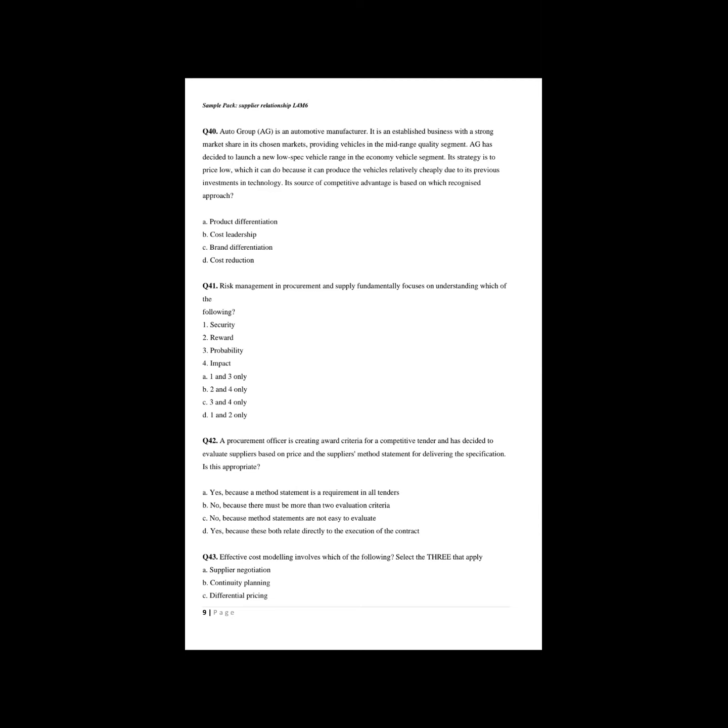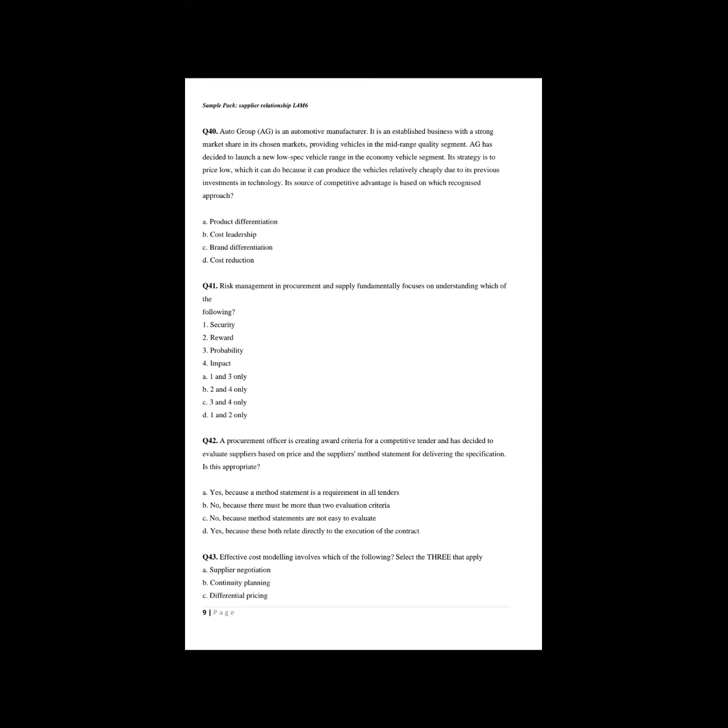They asked if applying an award criteria based on price and supplier's method statement in delivering the specification is appropriate. I think yes, it is, because the competitive tender looks at price, and how the supplier will deliver the outcome for the solution. That's the purpose of delivering the specification. How are you going to do it? That's the technical aspect.